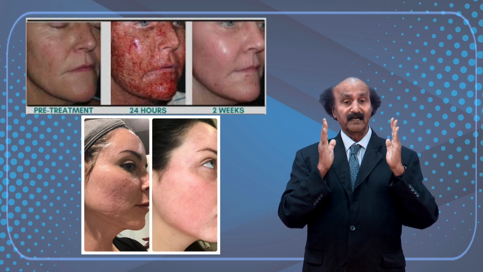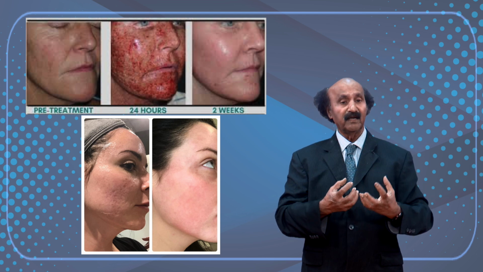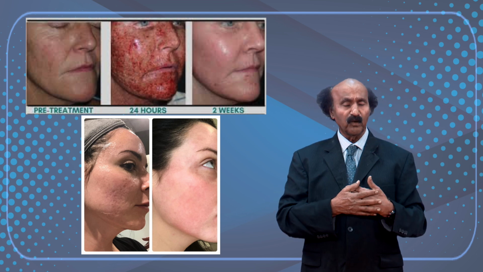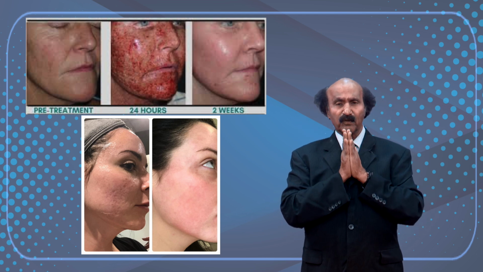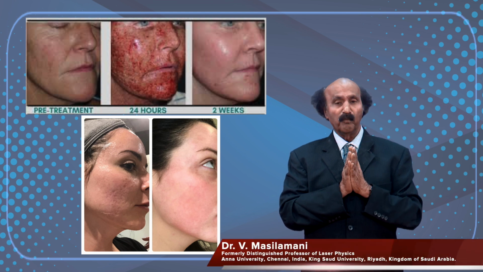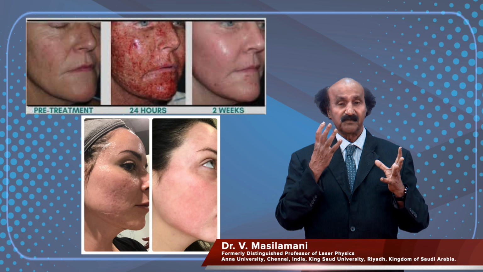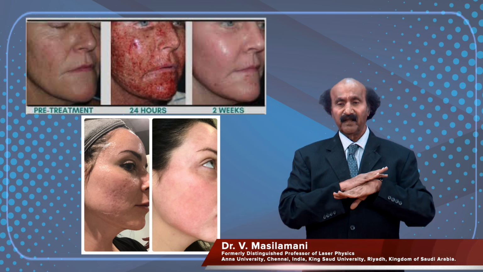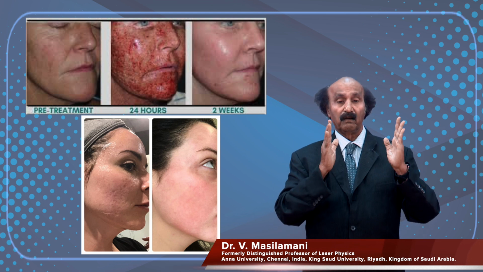A lot of dermatologists have bought it, used it, and they have learnt it very quickly. This particular laser is capable of making a dark woman or woman with facial disfigurement, they all can be removed. Many women have become more beautiful because of the CO2 laser.